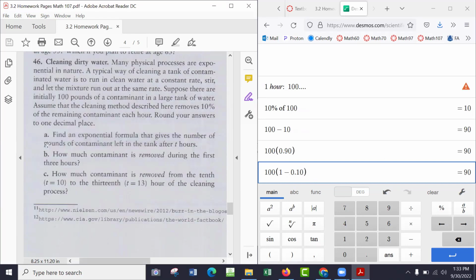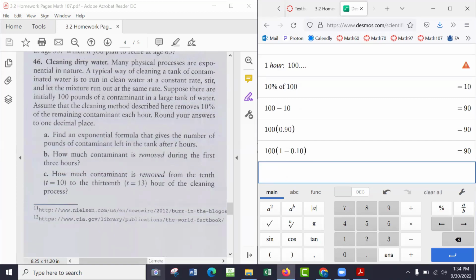So now I'd actually like you guys to think about part B, or just think about what would happen after 2 hours, basically. So we just gradually try to understand this problem. So after 1 hour is 100 times 0.90, right? And what that means is we have 90 pounds of contaminant remaining in the huge big water tank after 1 hour, right?